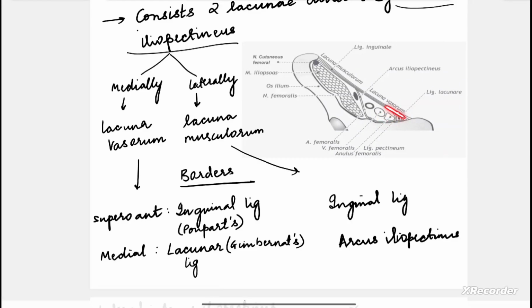Means whatever are the anterior, posterior and medial borders of lacuna vasorum, it is the same, right? The difference is only the lateral one. Here laterally there is the femoral vein.